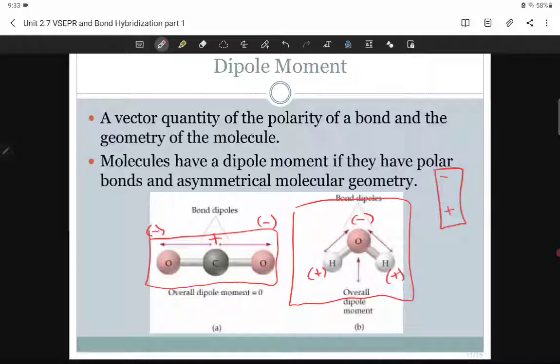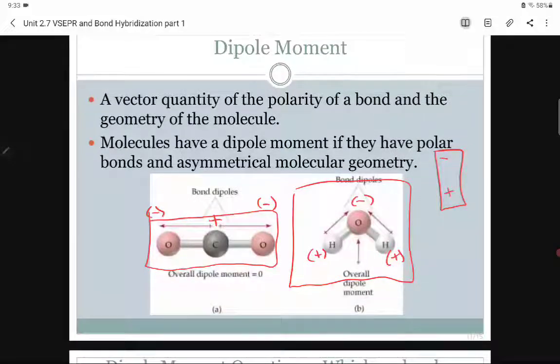It has an inside and an outside that are different, but you need one side somewhere in the molecule to be partially positive, and another spot to be partially negative, and you'd have a dipole moment there. So we're looking to see which ones are symmetrical and which ones are asymmetrical.